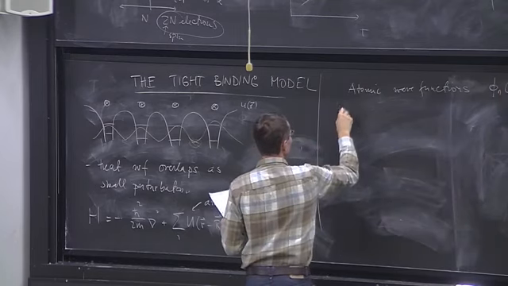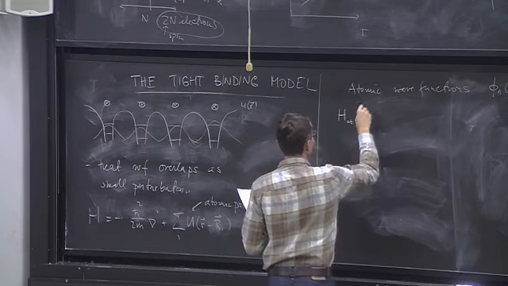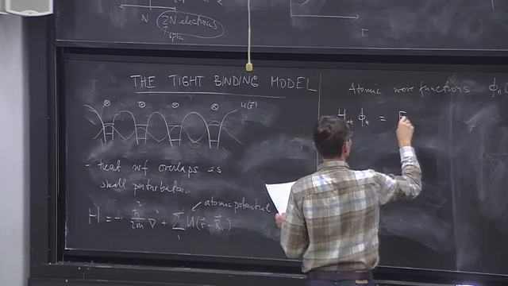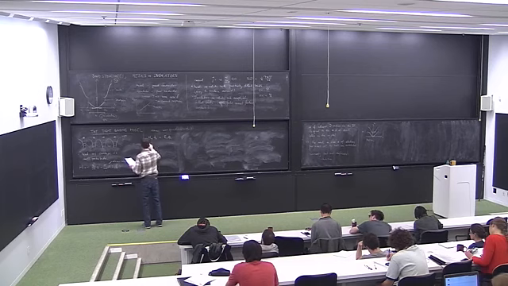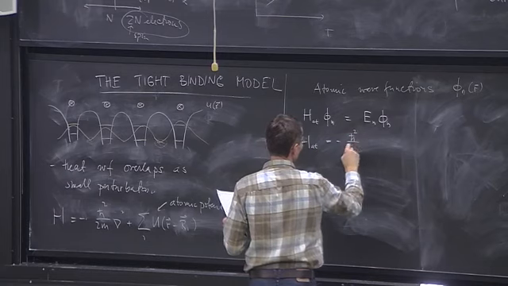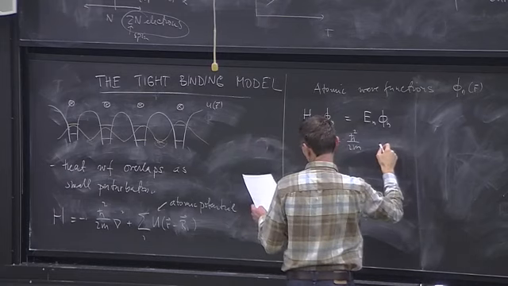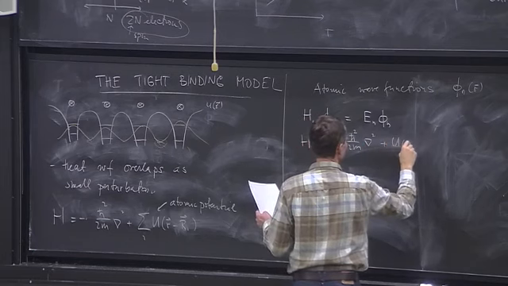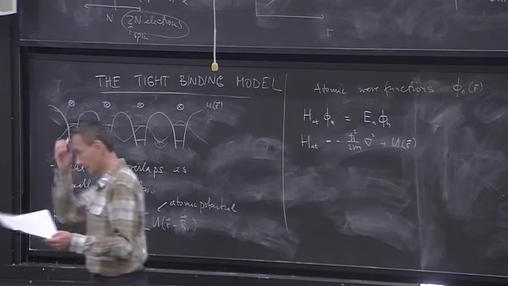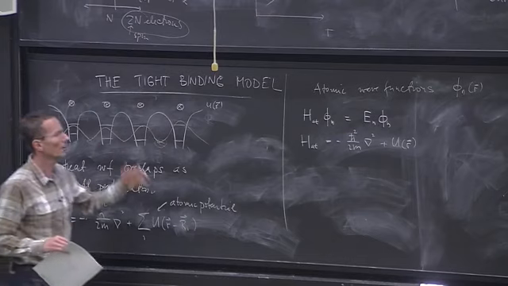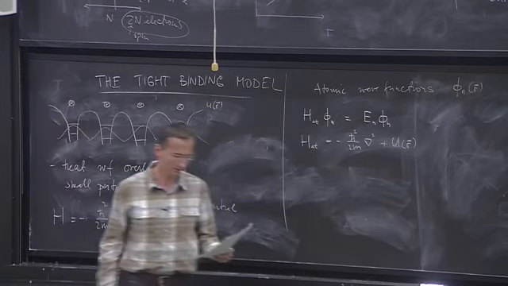And these are solutions of the individual atom Hamiltonian, where H atomic is simply the Hamiltonian associated with a single atom that goes into that construction. Okay. And so instead of expanding in the system of plane waves, as we did before for nearly free electrons, we now expand in these eigenfunctions.